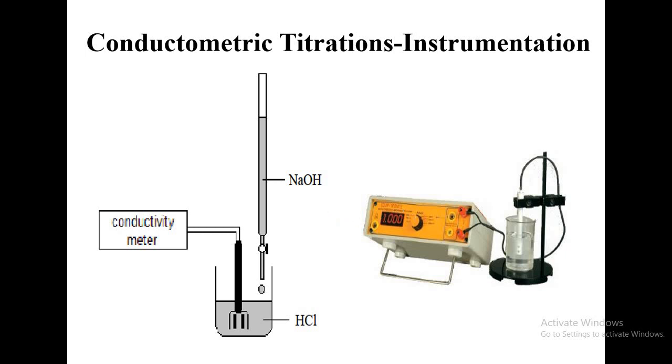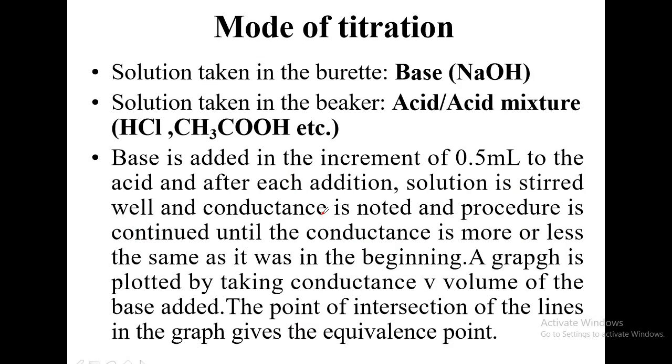Okay. Moving on, the mode of titration. We are going to discuss 3 different cases of conductometric titrations here. So restricting my lecture only to those 3 kinds of titrations, I have given the mode of titration, that is, the solution taken in the burette is base here.